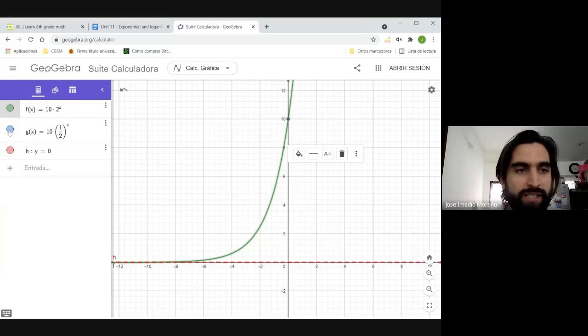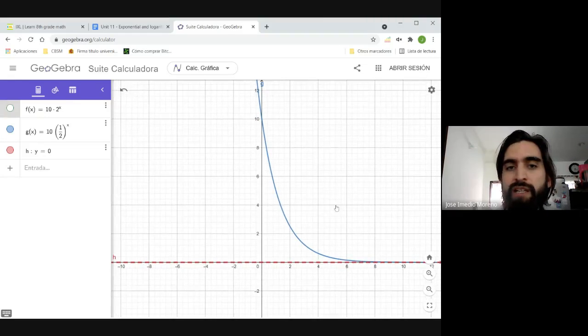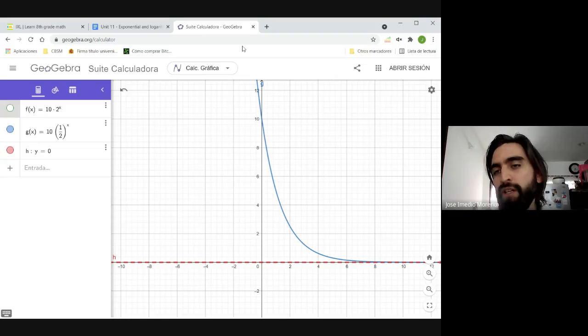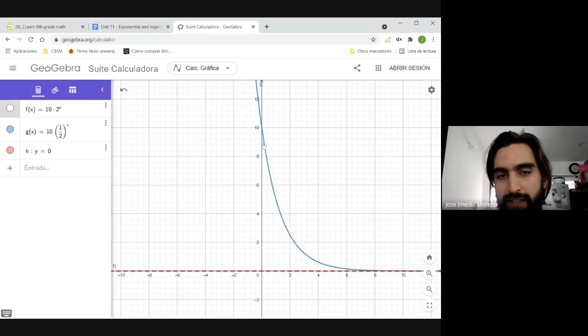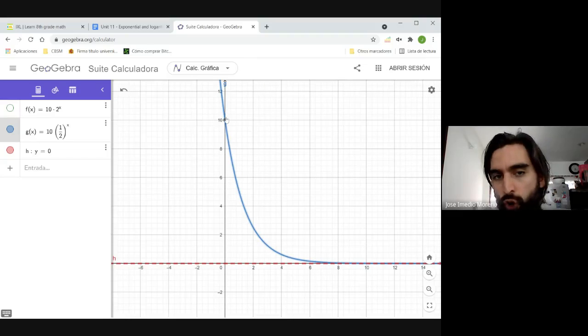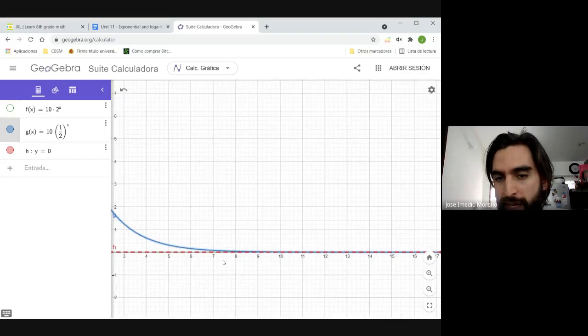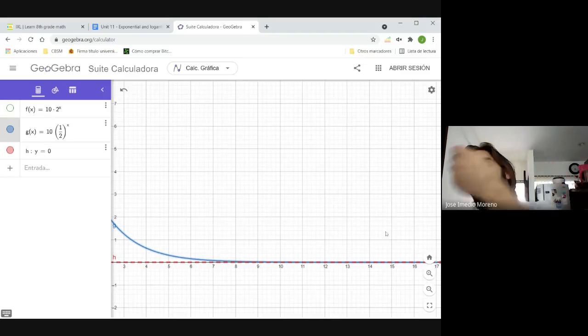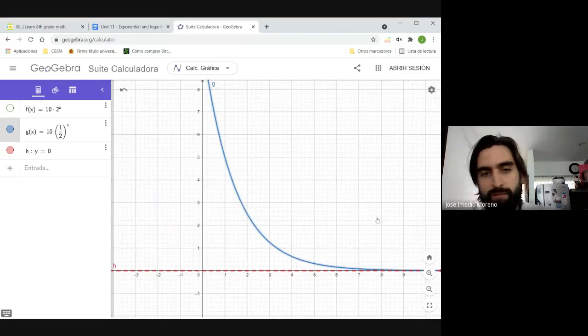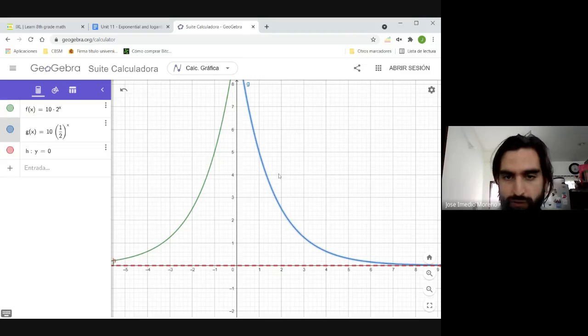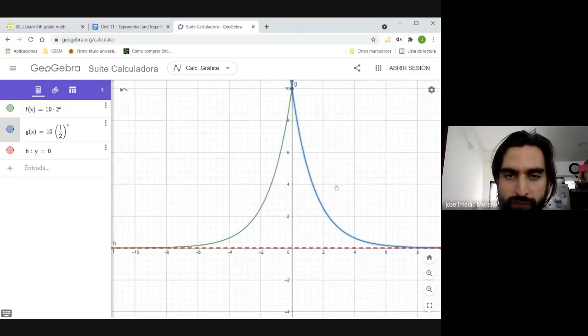Good. That's the case for exponential decay. We come from minus infinity, and we cross the axis at the y-intercept, and then we go down exponentially, and we approach the asymptote on our way to plus infinity. So far, I think it's quite intuitive.